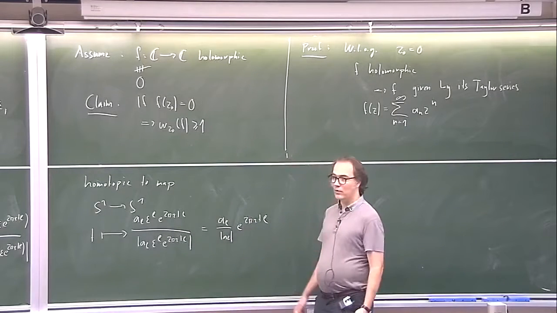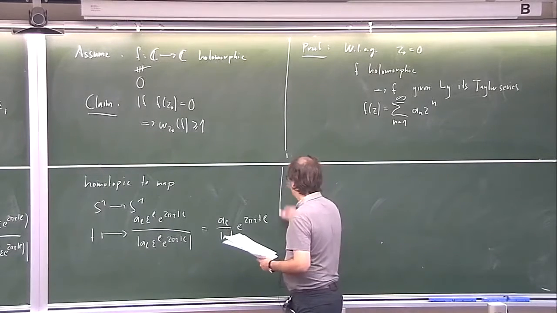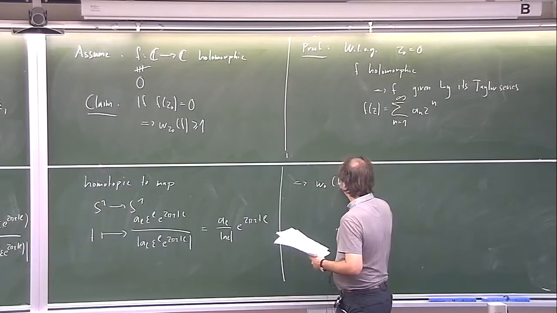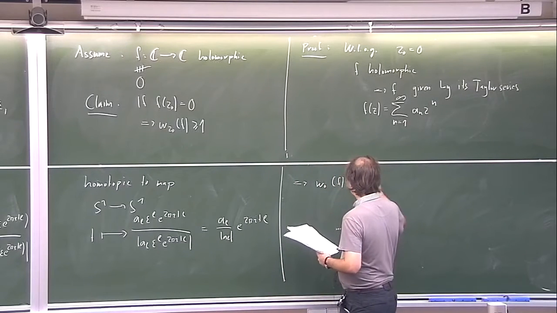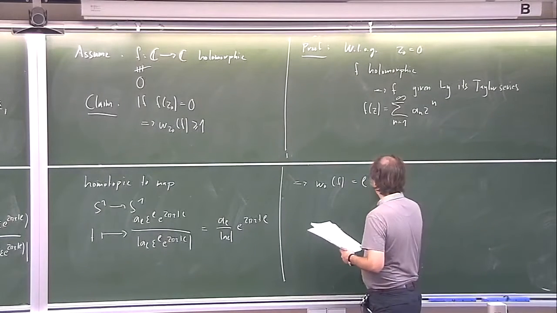And the degree of this map is just L. So we have the local winding number of f at 0. This is L, the order of vanishing, and this is bigger or equal to 1.